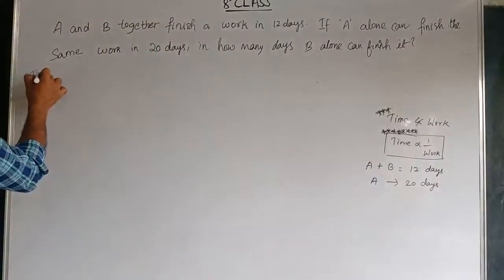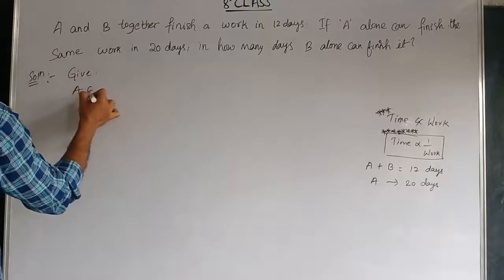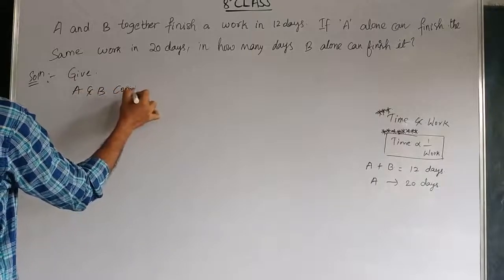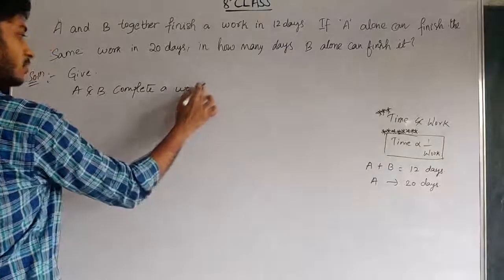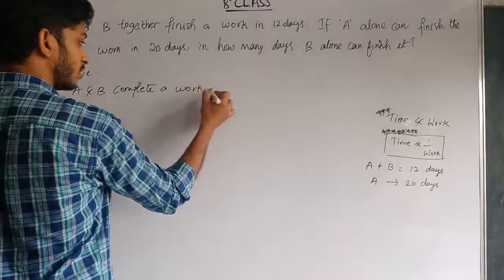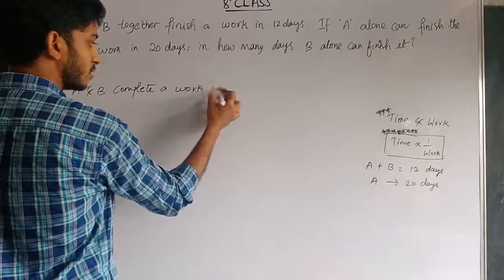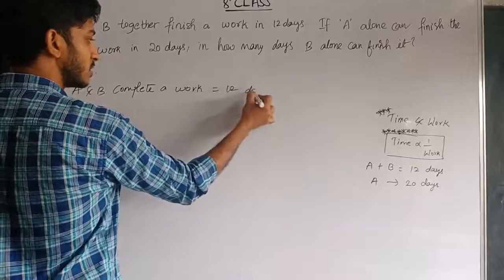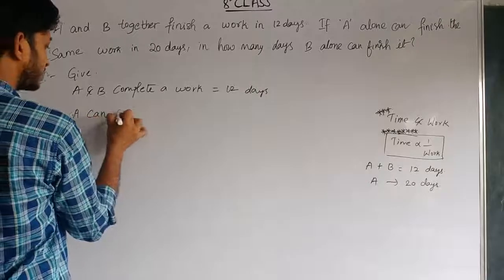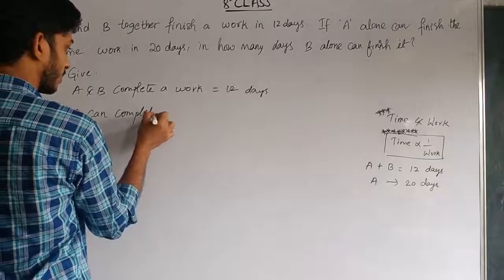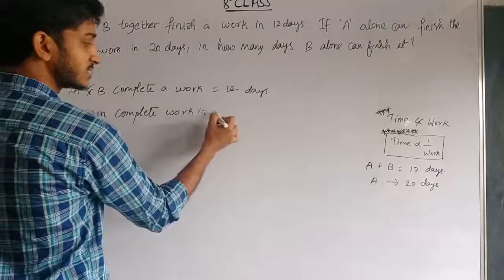Given in the question, A and B complete a work in 12 days. A can complete the work in 20 days.